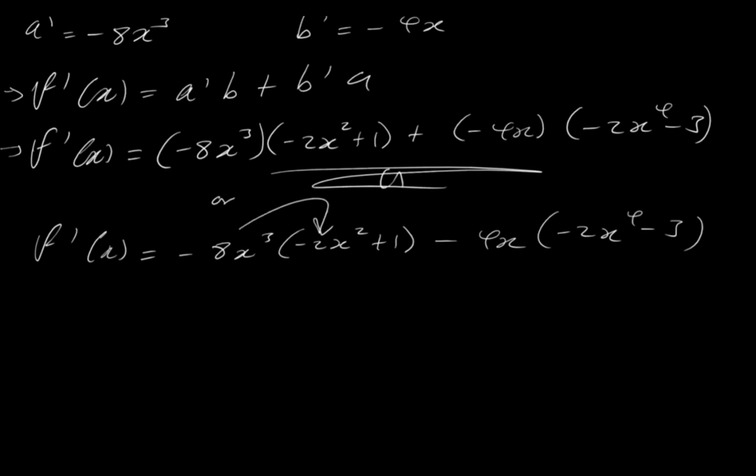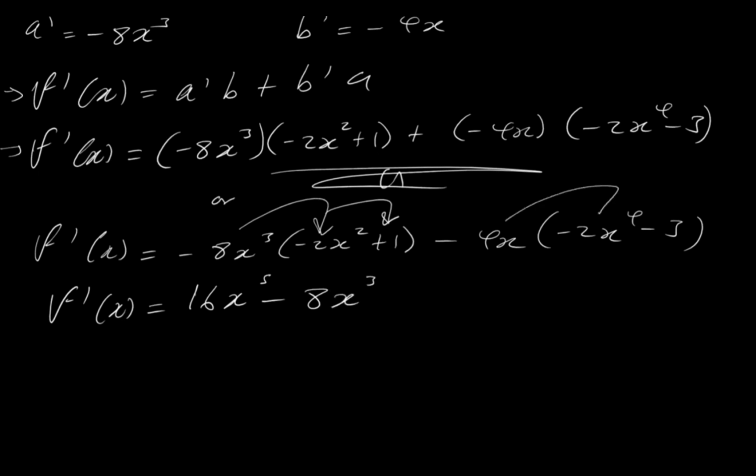So we fold this out, and you have f prime of x equivalent to, what is 8 times 2? 16x, you add the powers, to the power 5. And minus 8 times a positive 1 will give you minus 8x to the third. This multiplies this and that as well. So you have a plus 8x to the fifth. Then you have a plus 12x.